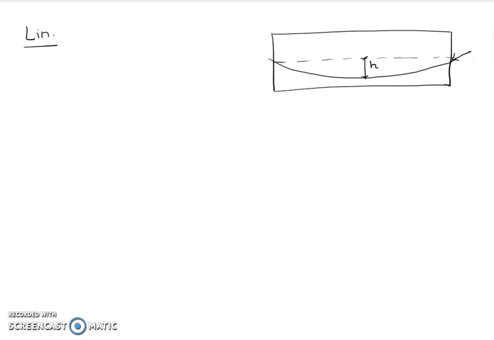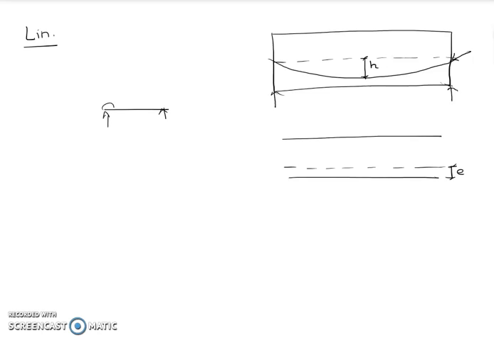Now why do we provide the tendon as parabolic? There are two ways we can provide the tendons, which we have already considered in the previous concept of stress: one at the CG and one at eccentricity E from the CG. Now, if the beam is simply supported and there is a UDL on top, this is the bending moment diagram or the deflection diagram you can say, where sagging occurs maximum at the midspan and it is zero at the ends.